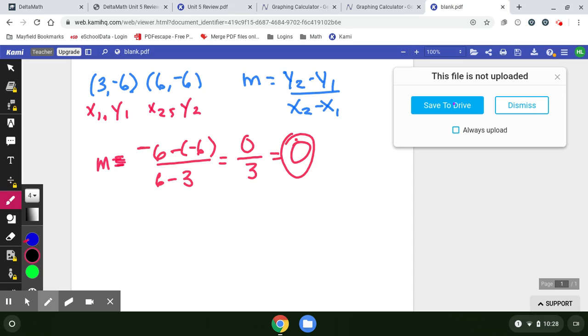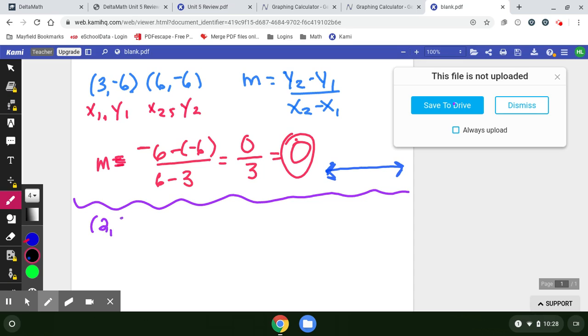When I have a slope of 0, it's actually a horizontal line. So that's one case that you'll see. The other thing that you'll see is when I end up with 0 on the bottom.